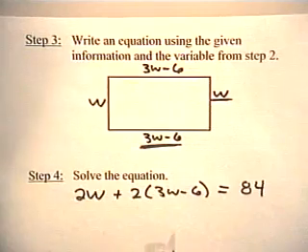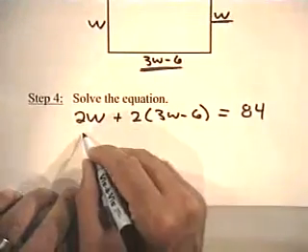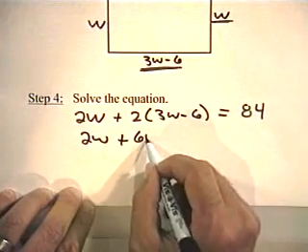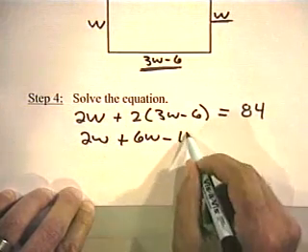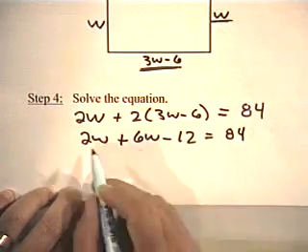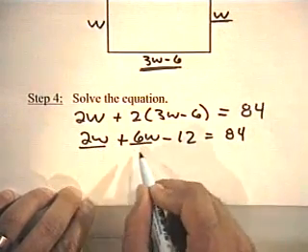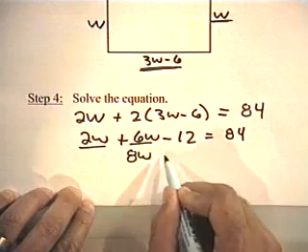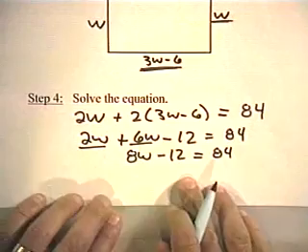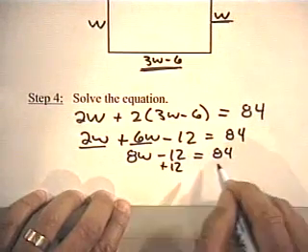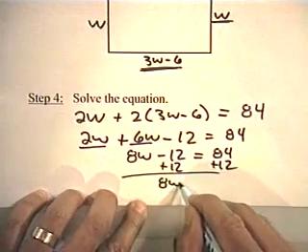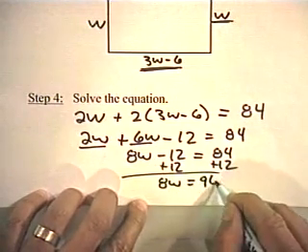Now let's go ahead and solve. 2w, I'll distribute using the distributive property. Let's add these together. These are my like terms. 8w minus 12 equals 84. I can add 12 to both sides. 8w is equal to 96.